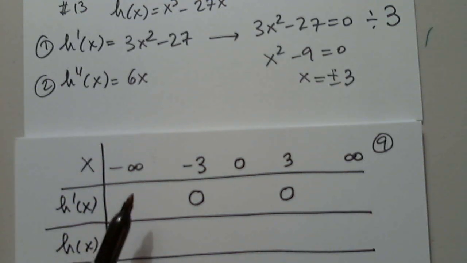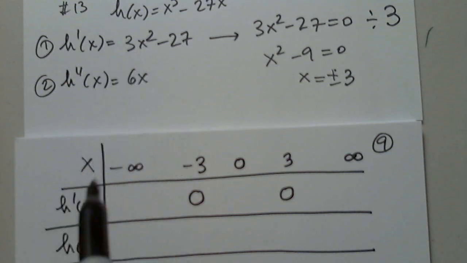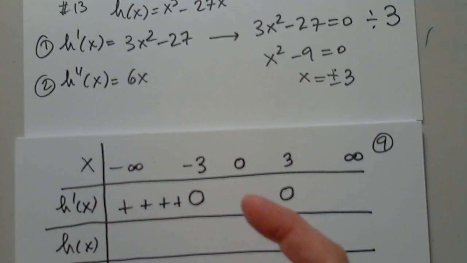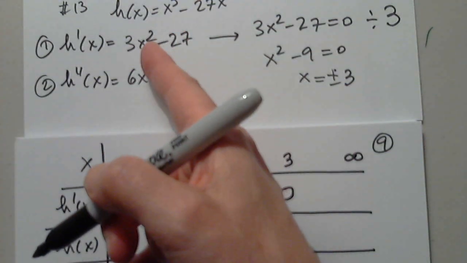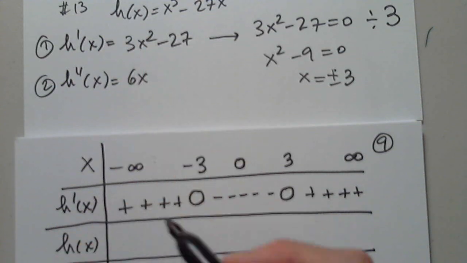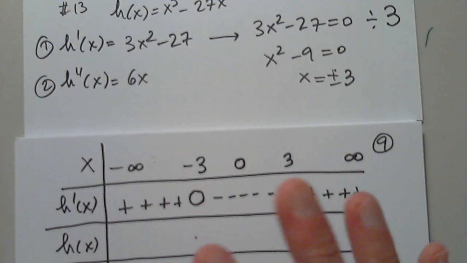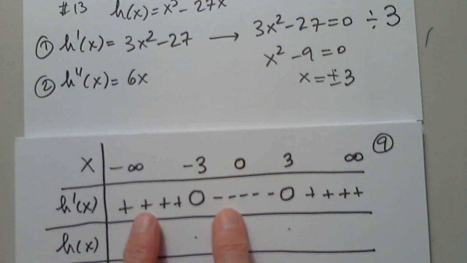We have time to finish just the derivative? Yes. So when I plug in -10, this will be positive. When I plug in 0, this will be negative. When I plug in 100, this will be positive. Now I have to go to the function and plug these values in. But at this point, you can already tell me -3, comma, this will be what type of point?